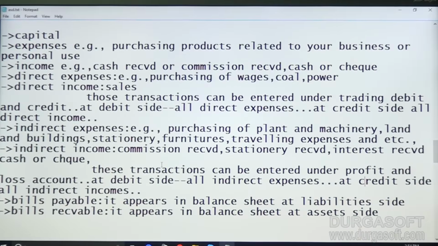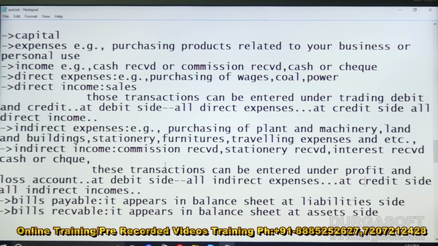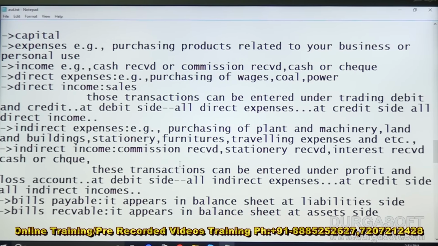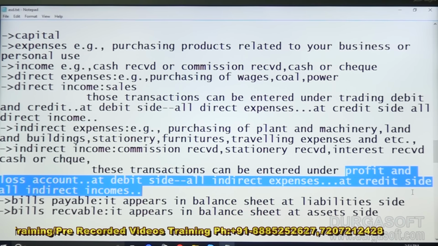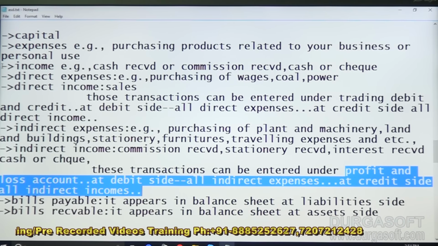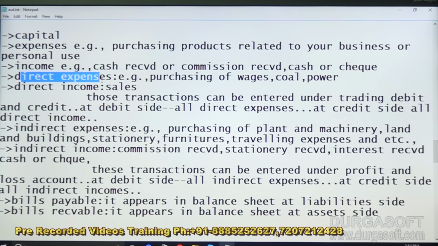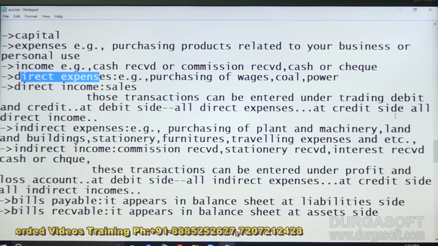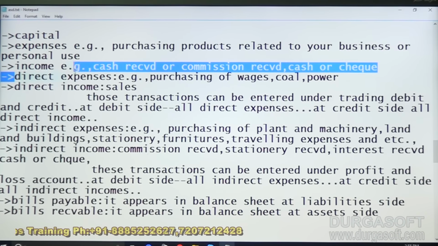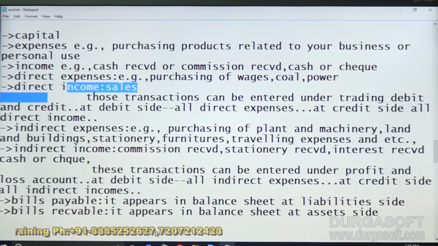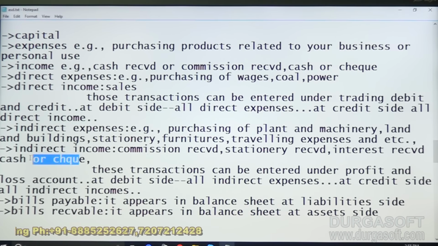So these indirect expenses and indirect income are entered under the profit and loss account, both debit and credit. But opposite to this, we enter direct expenses under the trading account: at the credit side all direct income, and at the debit side all direct expenses. We have cleared direct expenses, direct income, indirect expenses and also indirect income.